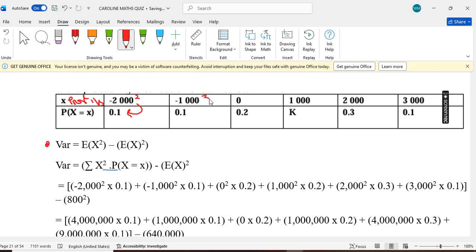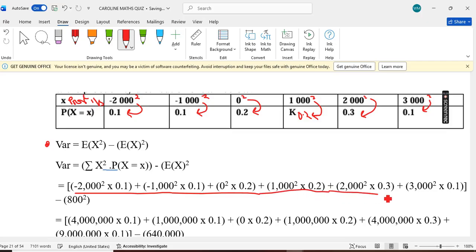Negative 1,000 squared multiplied by 0.1. 0 squared multiplied by 0.2. 1,000 squared multiplied by, as we calculated here, 0.2. 2,000 squared multiplied by 0.3. And 3,000 squared multiplied by 0.1. That's what's being done here, colleagues.